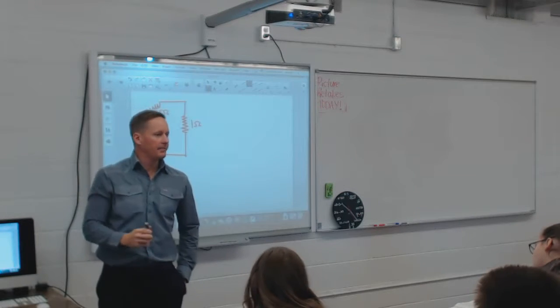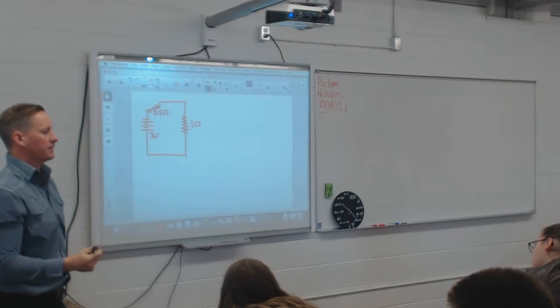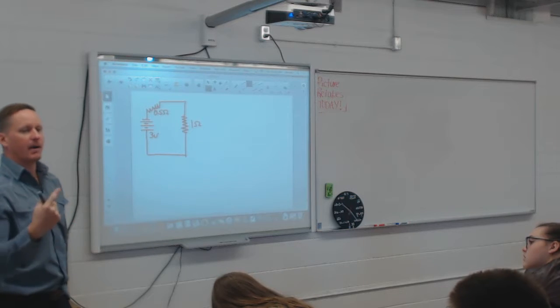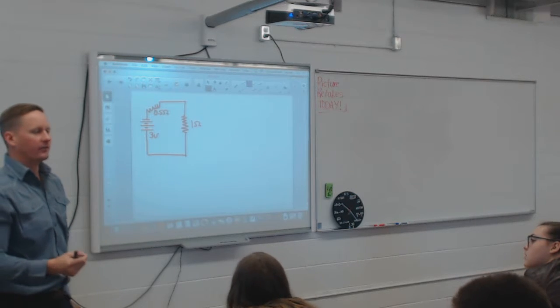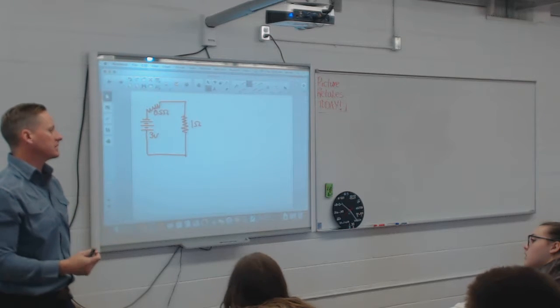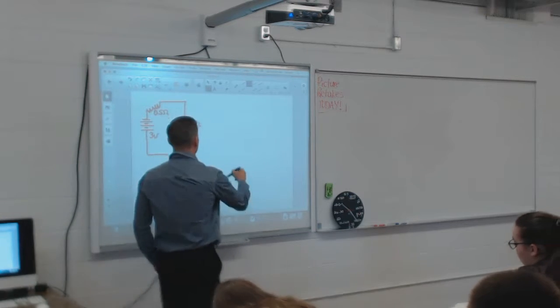So doing the same thing that I did in the last section, but much easier, of course, because I don't have dynamic circuits hooked up. The only thing I'm going to add to this is power at the end of it. I want to find the power in the battery. I want to find the power with the internal resistance, and I want to find the power in the load resistance.